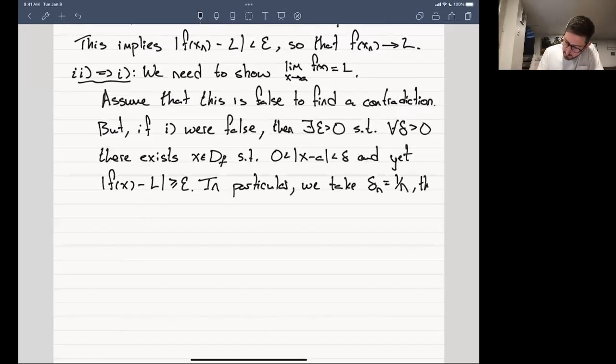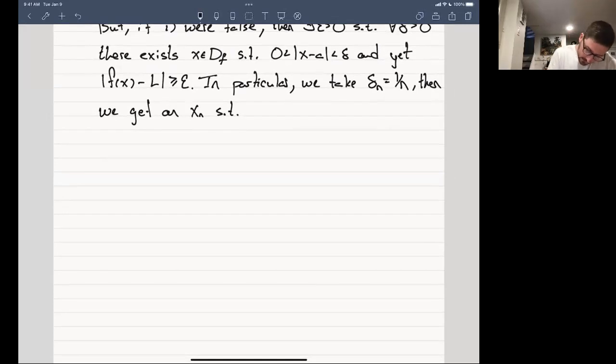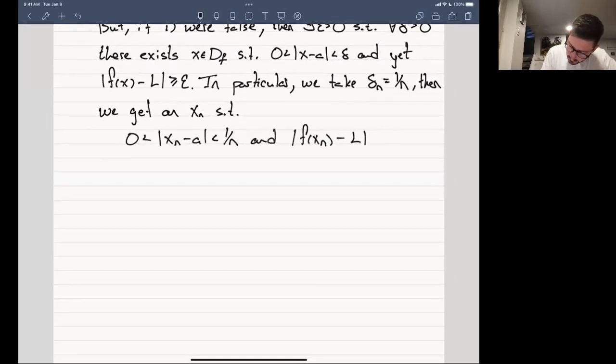So then we get an xn such that 0 is less than |xn minus a|, which is less than 1 over n, that's delta n, and |f of xn minus L| is greater than or equal to epsilon.